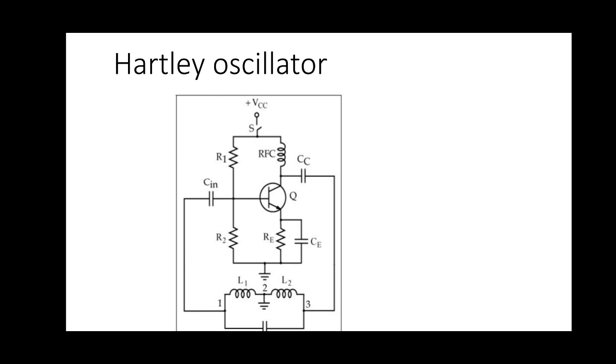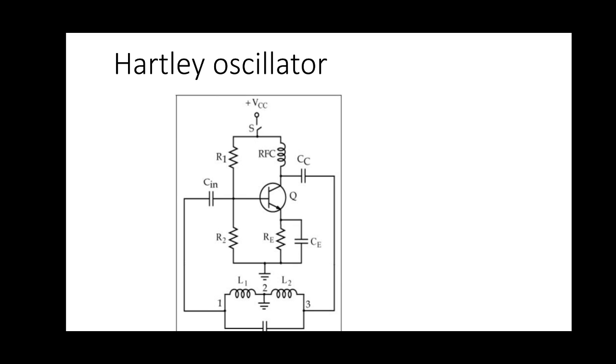This is the circuit we have to see, the Hartley oscillator. We are applying a common emitter amplifier. At the collector we are applying an RFC choke, and at input and output we are giving coupling capacitors.